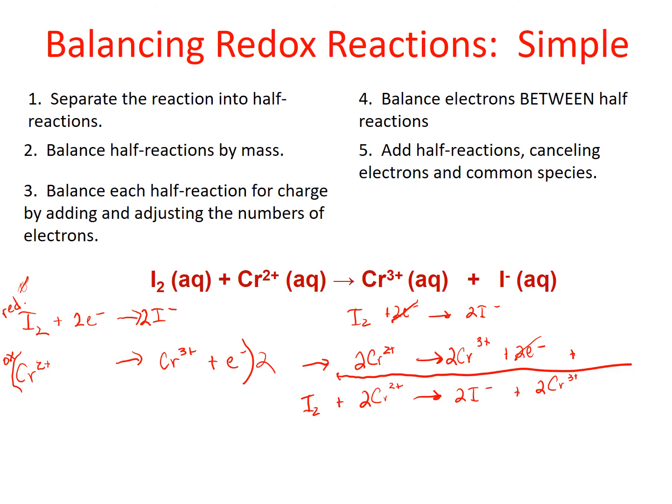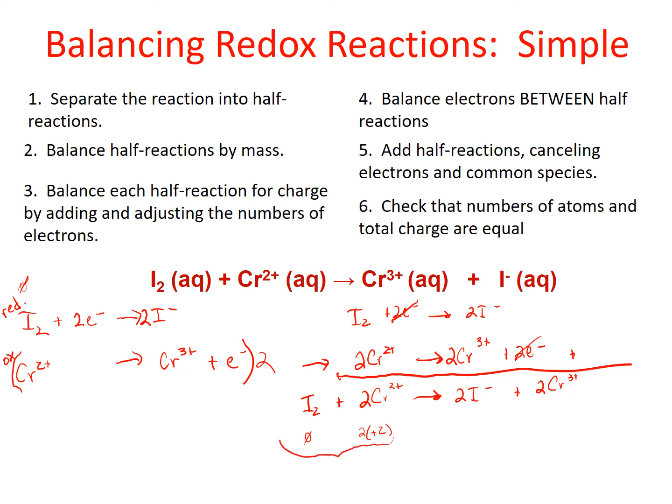Okay, and it's always a good idea just to double check. We've got a mass balance and a charge balance still. So the mass balance, I have 2 iodide, 2 iodide, 2 chromium, 2 chromium. The charge balance, my iodine, the I2, again, is neutral because there's no charge written up in that upper right-hand corner. My chromium on this side, I've got 2 of them, each with a +2 charge, so that's 2 times +2. That is going to give me a total charge on the left-hand side of +4.